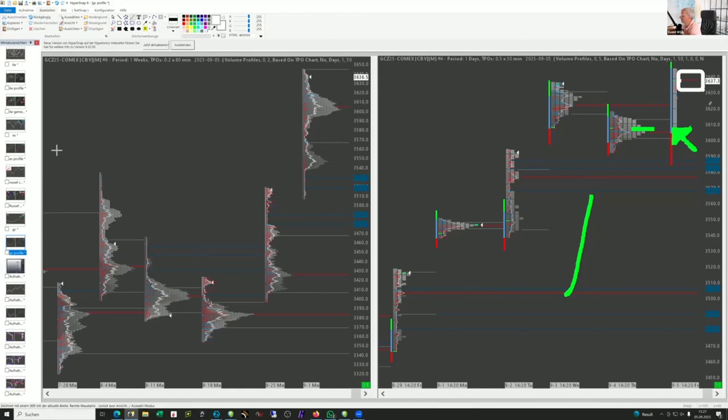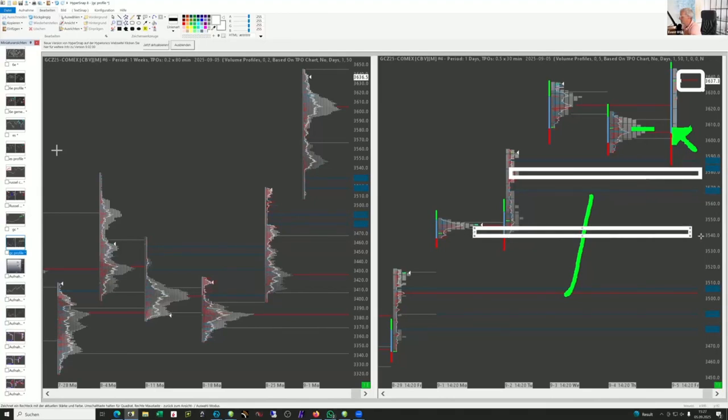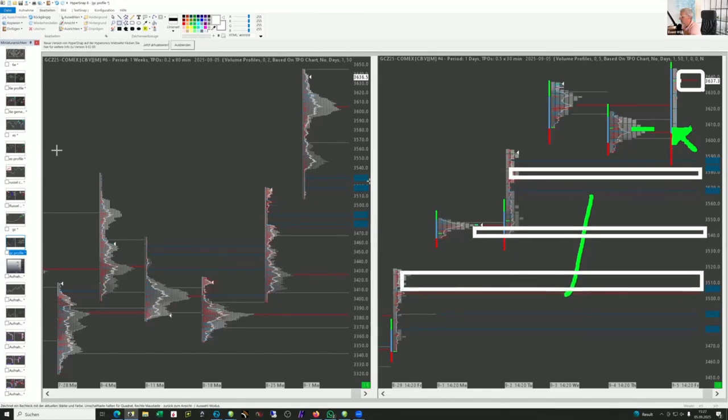But if we go back, it will be very interesting to repair everything. If we go back, the next location for me is this price area. And under this price area, I have the next price area, but I think it will break, and then we have this price area. Okay for you? You understand what I do? These are my locations in gold.